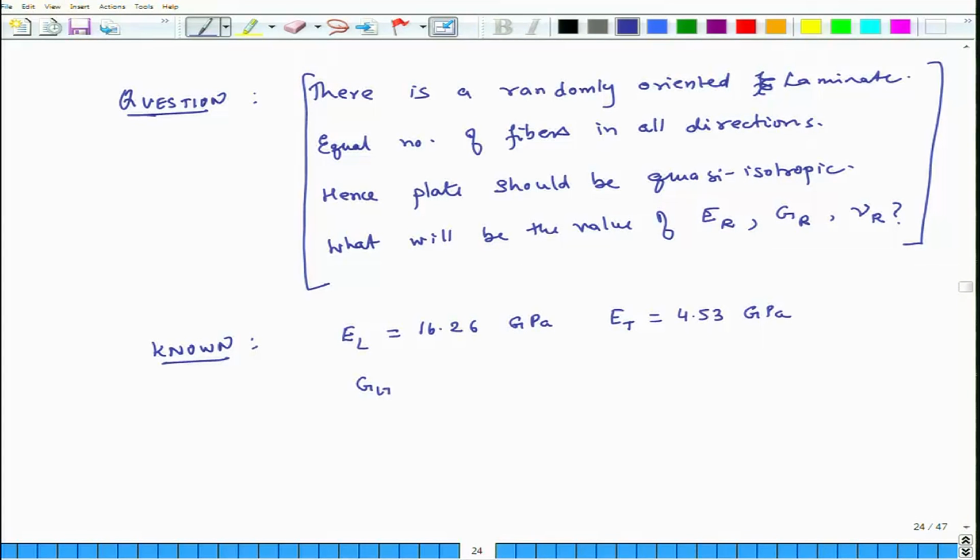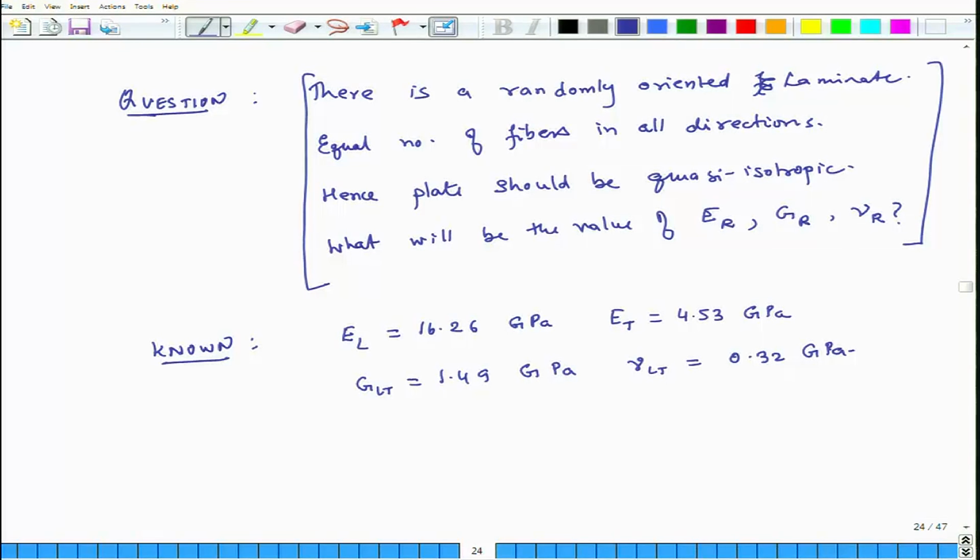GLT is 1.49 GPa and the Poisson ratio is 0.32. So, this is what we know.